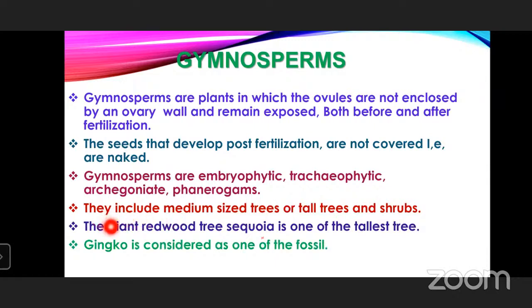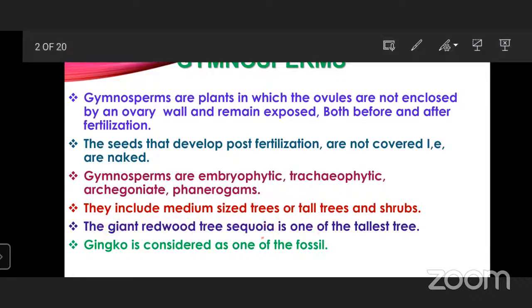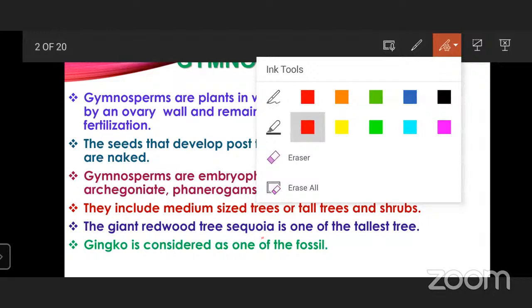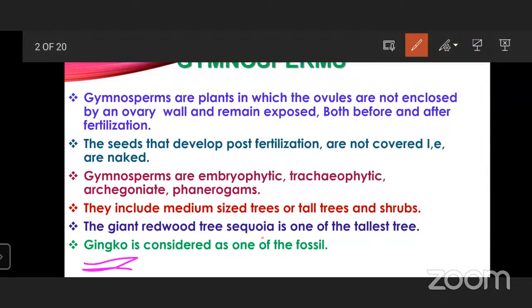Next, coming to ginkgo. Ginkgo is considered one of the fossil plants. Ginkgo biloba is its scientific name. It is called a living fossil. It is extinct in the present condition, but it is available in the form of a living fossil.